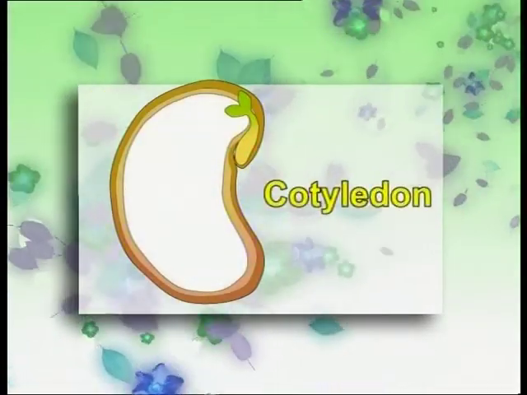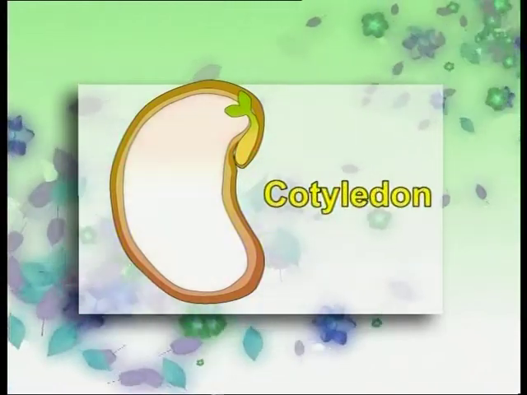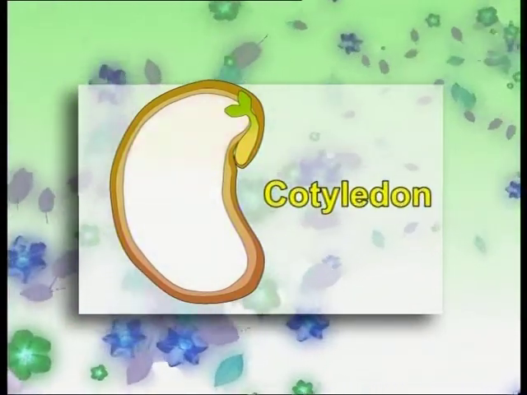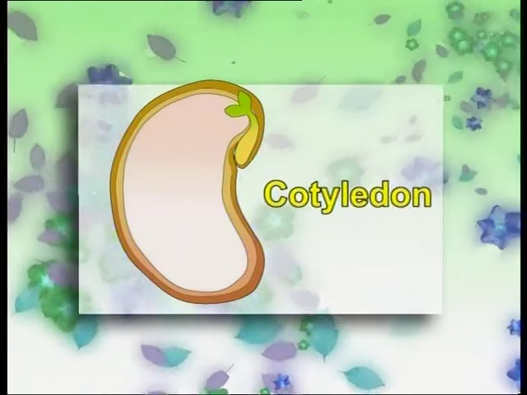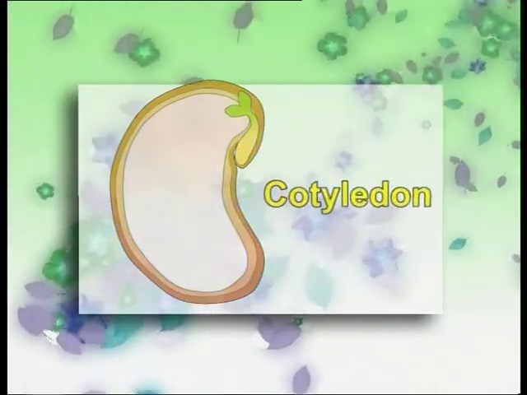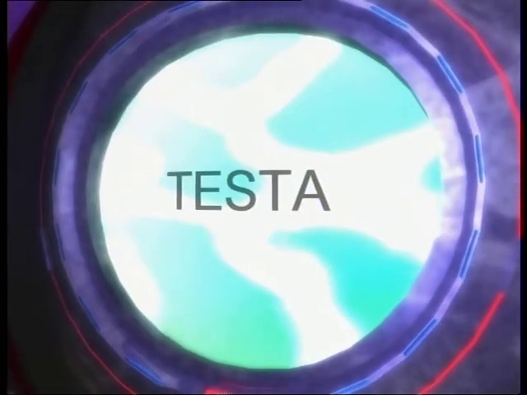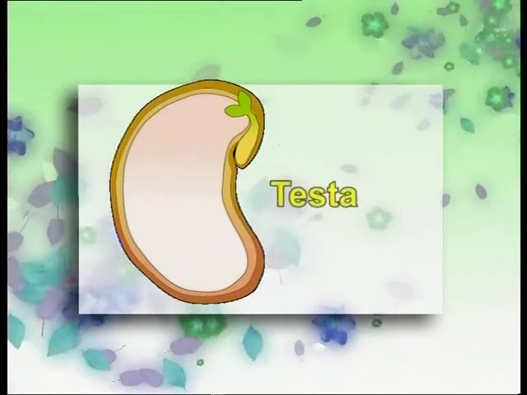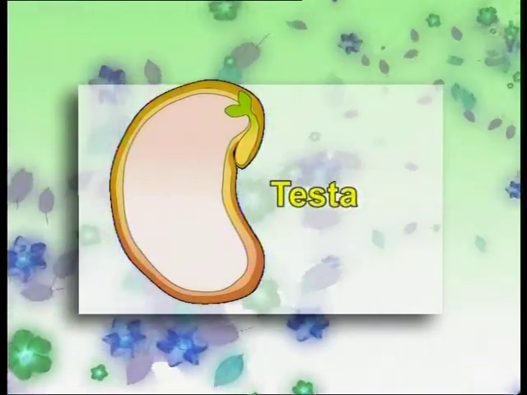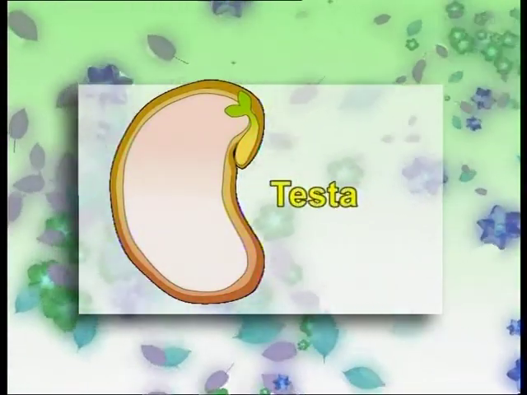The cotyledon stores food for the embryo. This food is used by the embryo when it starts to grow. The testa, which is also known as the seed coat, protects the seed.